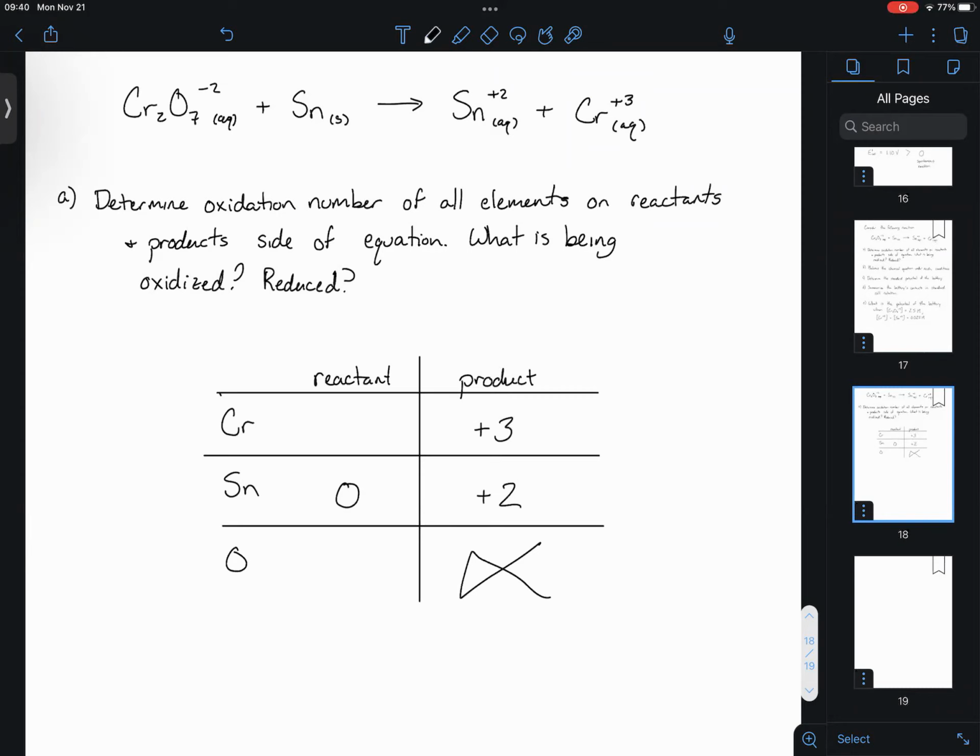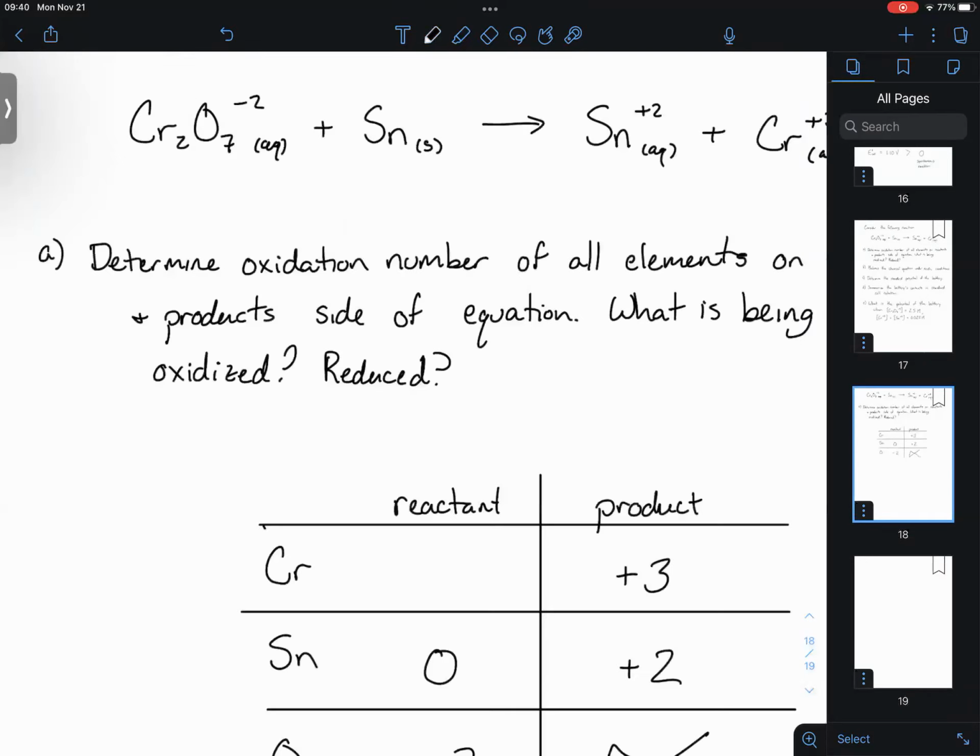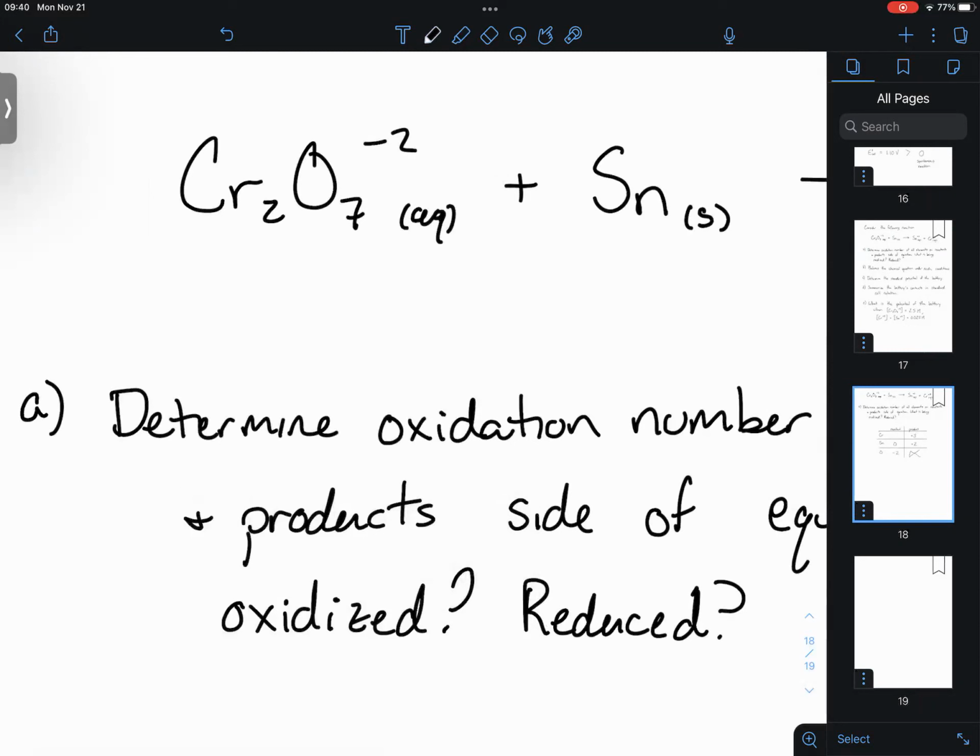The hard part is our polyatomic ions, and for that we have to remember 2 things. One, oxygen in a polyatomic ion is always going to be -2. The other important bit is that everything has to sum to the charge on that ion. So I have 2 chromiums and 7 oxygens. If I plug in those oxidation numbers, everything has to sum to -2.